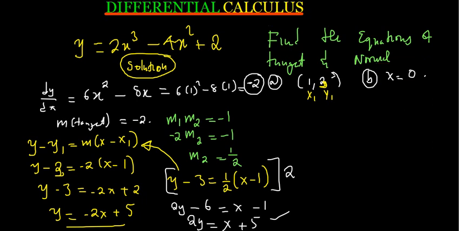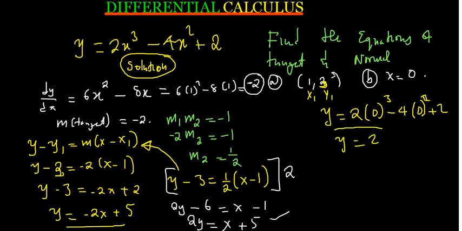Okay, so I'm going to say that y is equal to 2, where there is x you put 0 to the power 3, minus 4, where there is x you put 0 to the power 2, and then plus 2. So this is 0, this is also 0, so the answer will just be 2, meaning that y is going to be 2. Okay, meaning that the coordinate that we have, the x value is 0, the y value is 2. So the coordinate that you have is (0, 2).